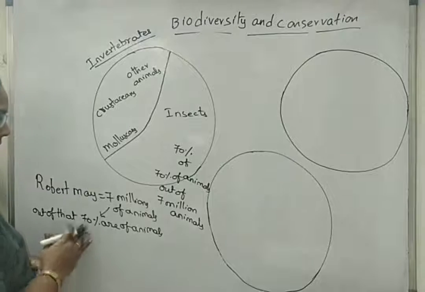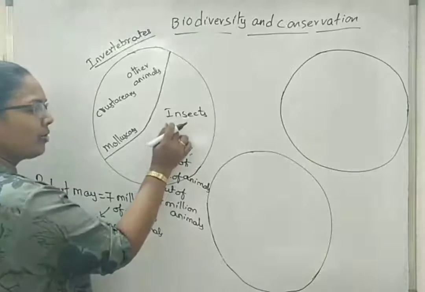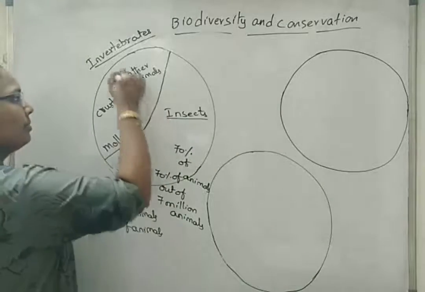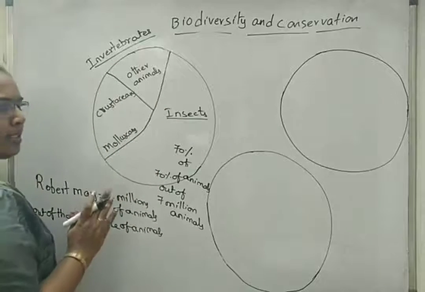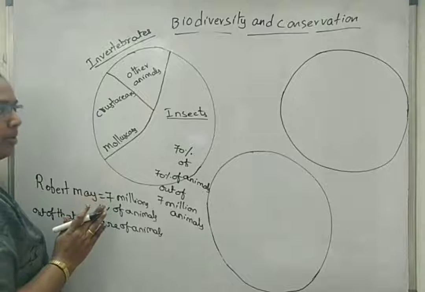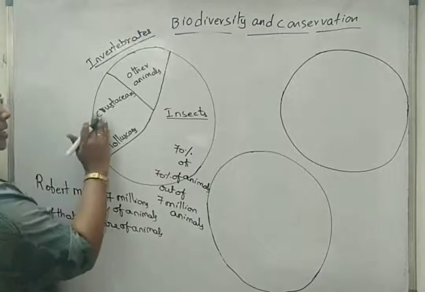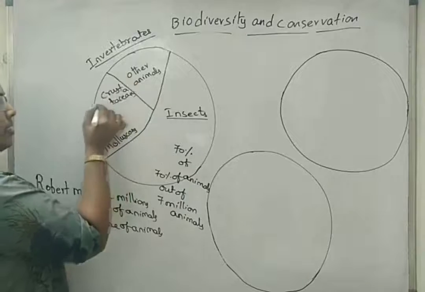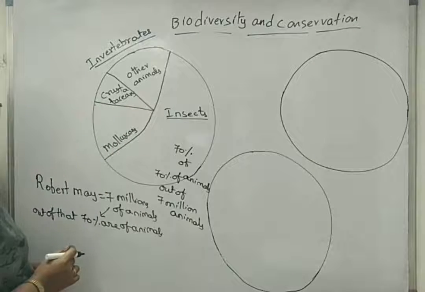Now, out of this 70% of animals, again 70% are occupied by insects, that is Arthropoda. Next priority goes to other animals. Here, the percentage is not given and is not important for us, but we will see the sequence. Next, coming to crustaceans. These crustaceans are very few when compared to other animals in the pie chart.